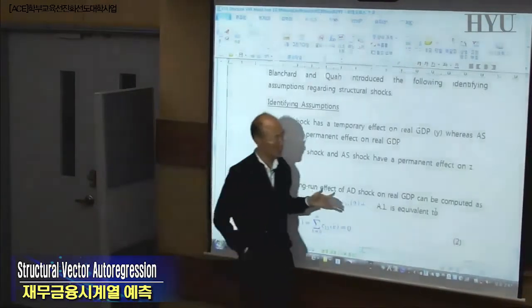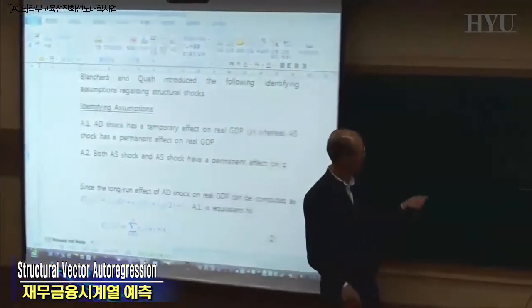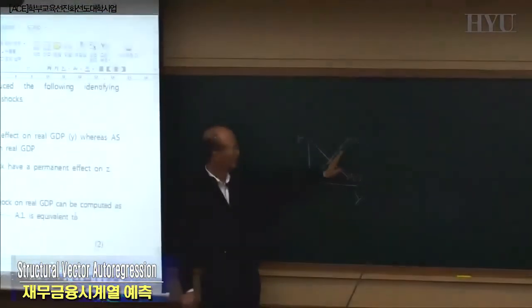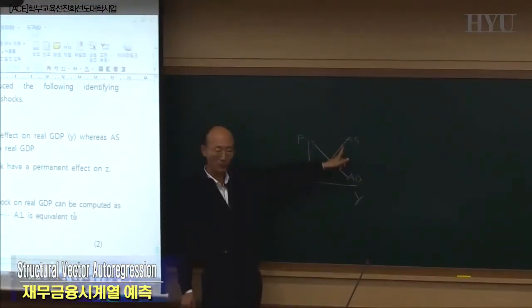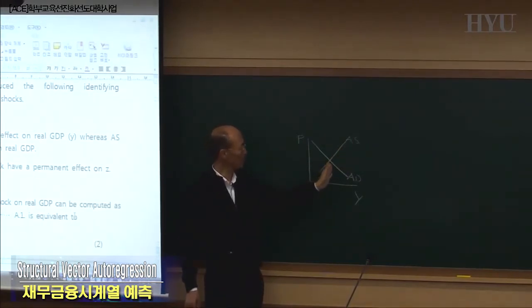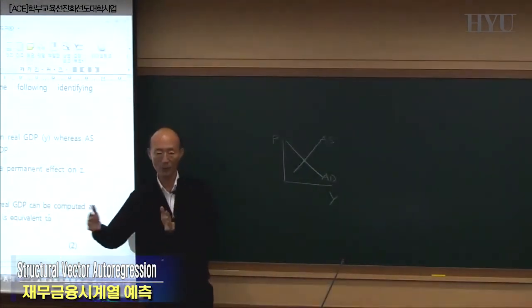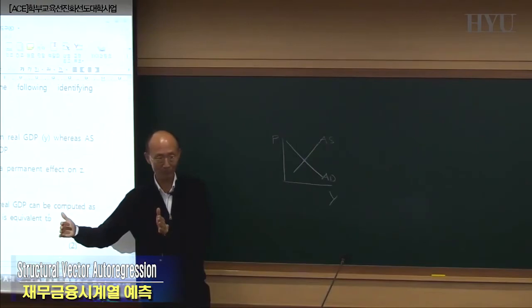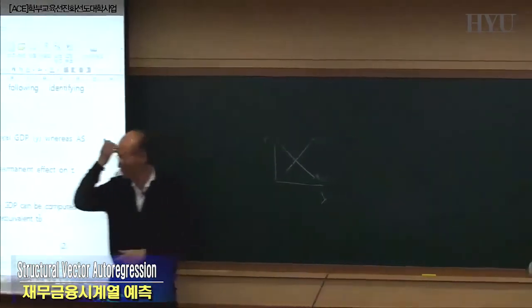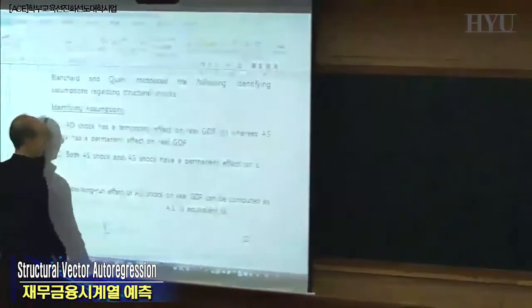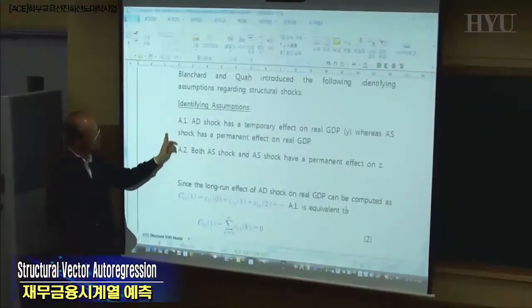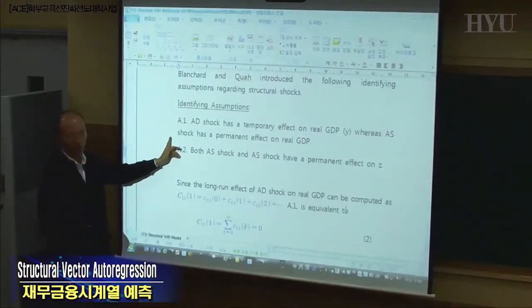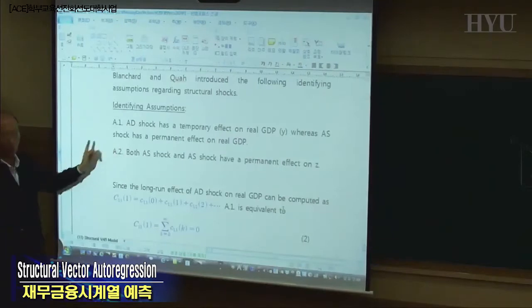So probably you recall from your Econ 101 that shocks to this curve are often permanent, whereas monetary shock or fiscal shock, they last only temporarily. Okay? So if that is your assumption, we can use this one to identify structural innovation epsilon.